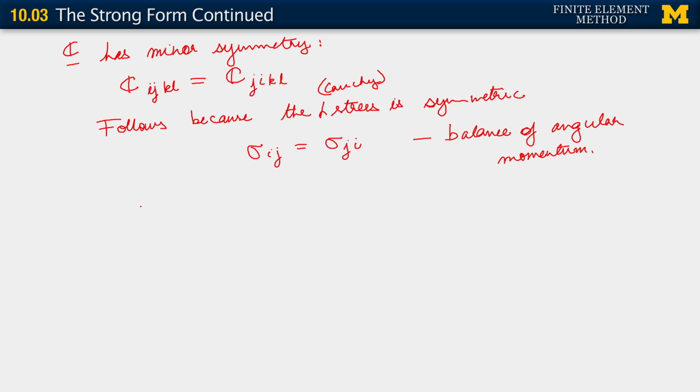Well, if that is the case, what we have is sigma_ij, which from our constitutive relation is C_ijkl epsilon_kl, and note that the kl indices are being contracted out with the kl indices of epsilon, leaving free indices ij. But this is also sigma_ji, which from the definition is C_jikl epsilon_kl.